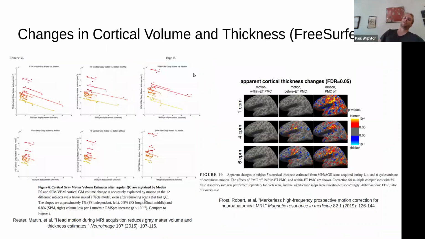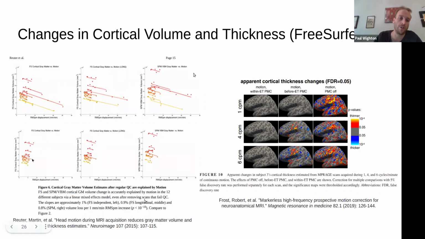And just one more metric, because I work in the FreeSurfer lab. One thing we're always concerned about is how things change the cortical volume and thickness estimates. Here are a couple of papers from some colleagues. The first one, done with VNAVs, shows that if you take all the data acquired, there are some pretty strong trends in RMS displacement, which I mentioned earlier: the more displacement, the more bias you're inducing into your estimate.